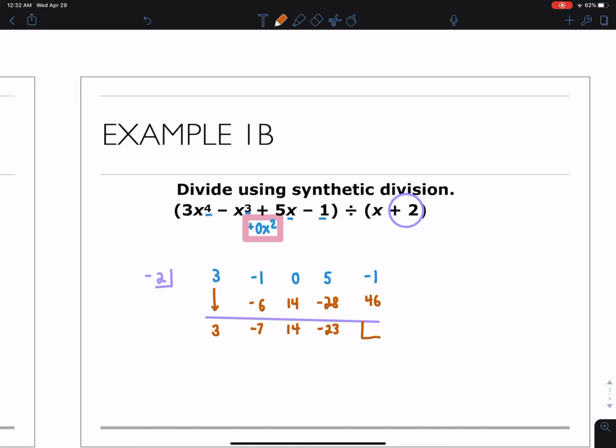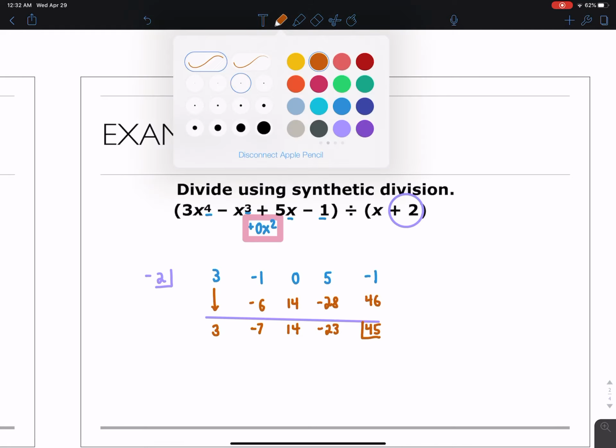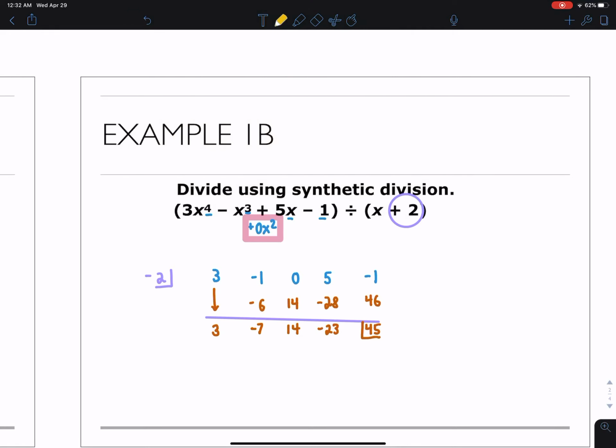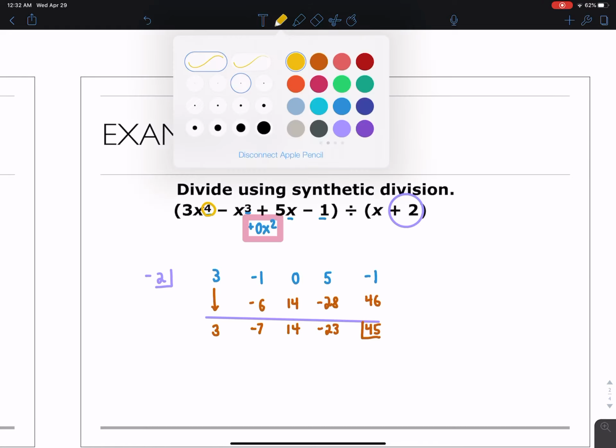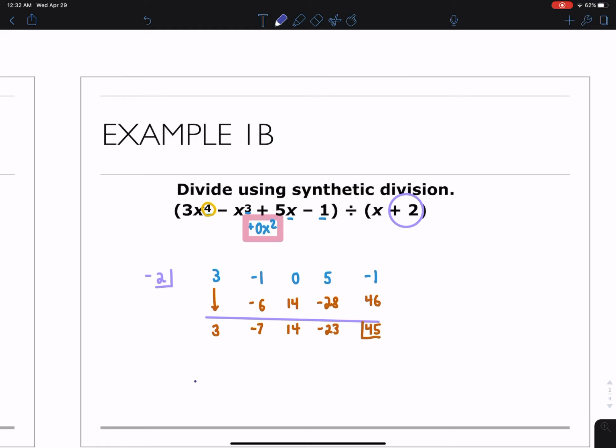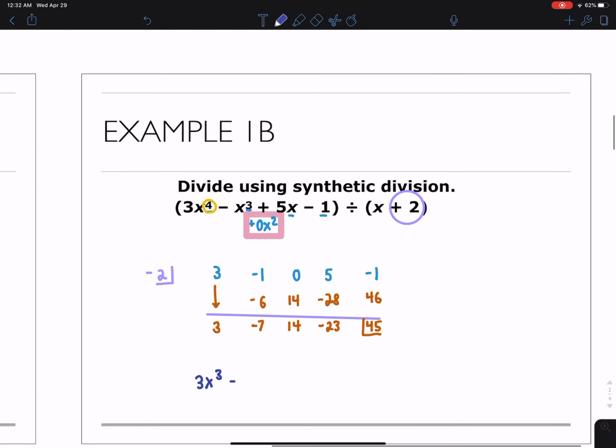And then 46 minus 1 gives us 45. So in this case, our highest exponent was 4. So we have to drop down 1 degree from that, which means we're going to start with an exponent of 3. So 3x to the third minus 7x squared plus 14x minus 23.